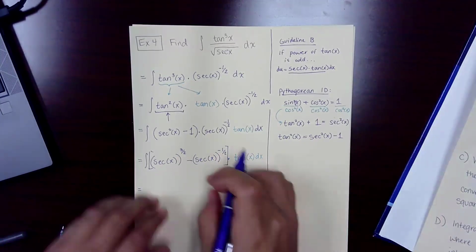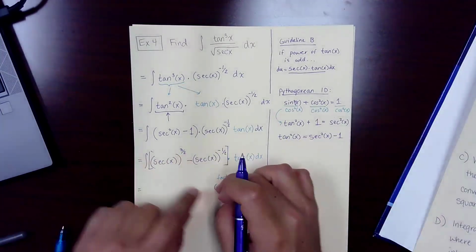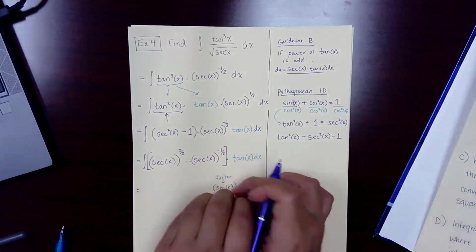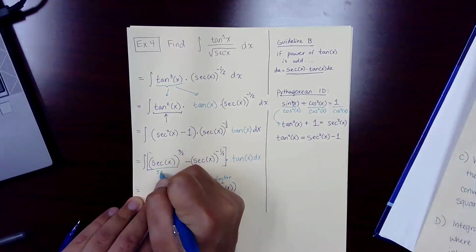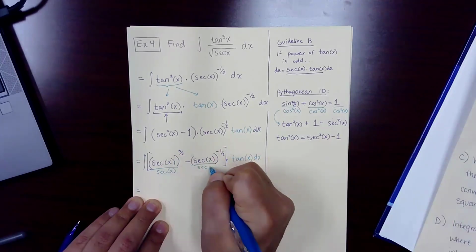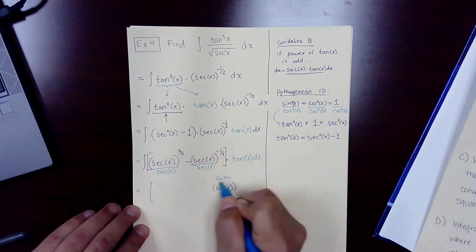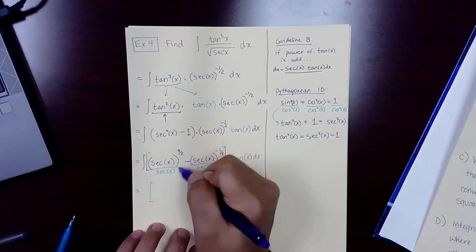And when you factor something out, you're dividing that out of these original terms. So you're multiplying it on the outside, but then you're dividing it out from the inside. So if I divided this by a secant x and divided this by a secant x, then in the brackets, what I'm doing is subtracting the powers here.